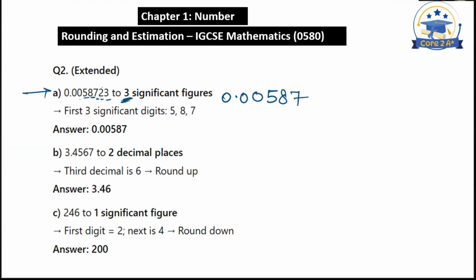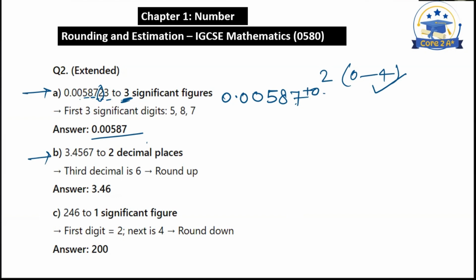Now, focus on the fourth number. That is 2. Does 2 lie from 0 to 4? Yes, obviously. So here we have no need to add any number. You could add 0. So 7 plus 0 is 7. That's why it is not changed. Just write it down as it is.